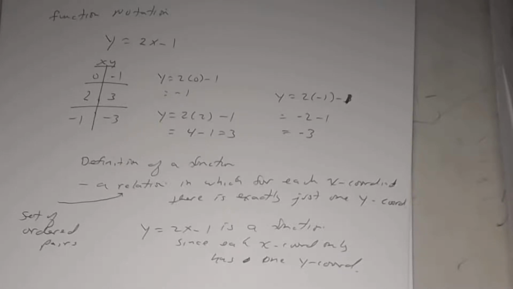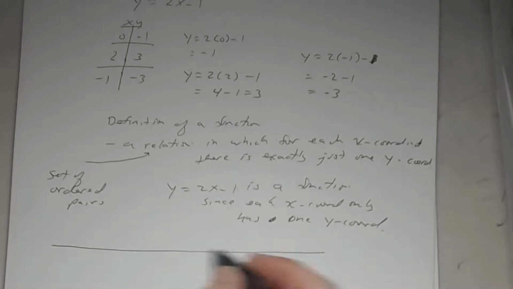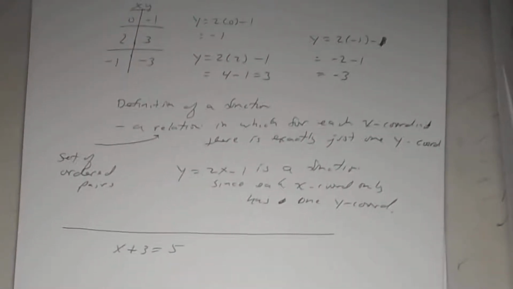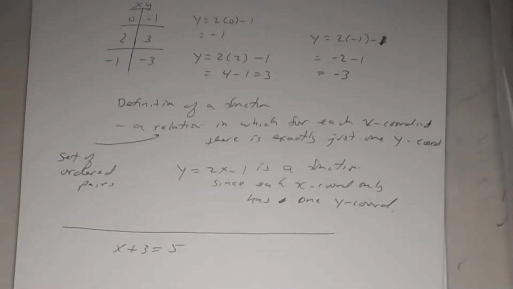All right, now, let's look at this one. x plus 3 equals 5. Let's look at that relation. How would you graph this? Subtract 3 from both sides, and I get x equals what? 2.